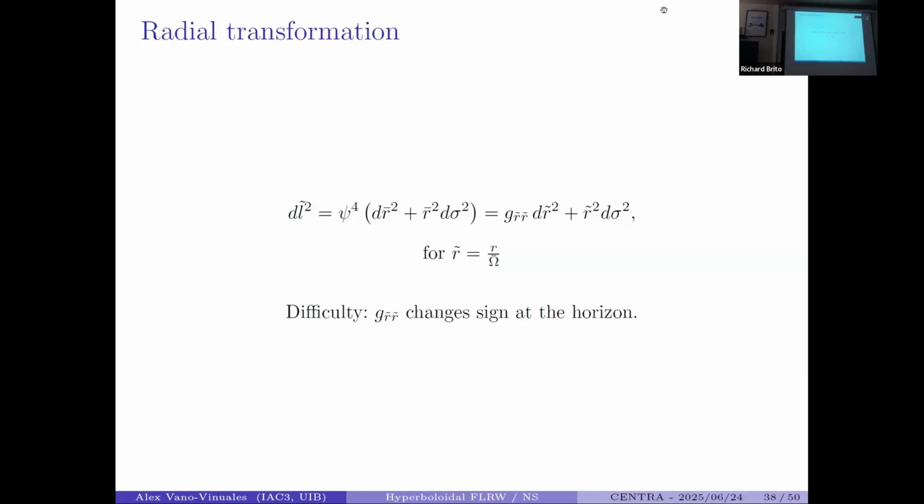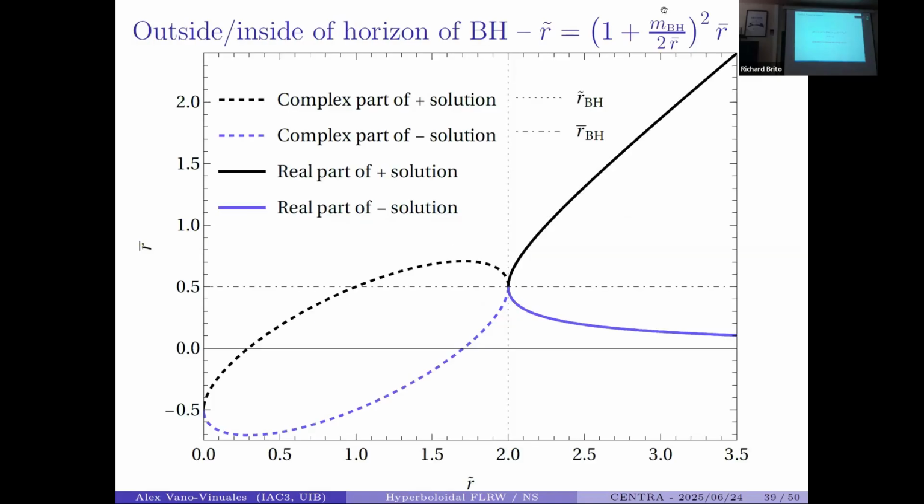And that was a tricky thing, because if you have a black hole, the RR component of the metric actually changes sign. And if you just try to naively go from here to here, that is not well taken into account. It was tricky. I'm not sure the solution I found to this was the optimal one, but it worked.